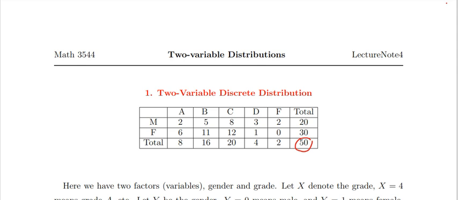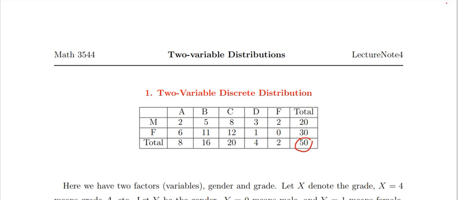And also, if we separate those 50 students by their grades, how many A, how many B, how many C, and so on, we have such a table, right? This table just separates all people by two factors or two variables, gender and grade.